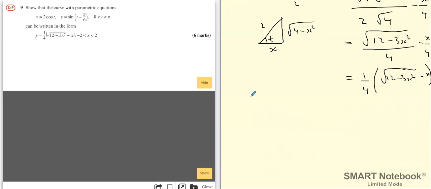Now, domain. How can we show that x lies between 2 and minus 2, please? Please explain to me, everybody in the chat. How have we determined that x lies between minus 2 and 2?